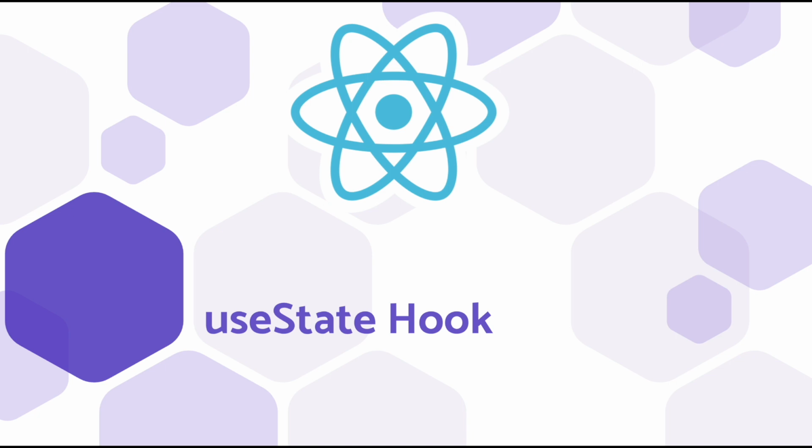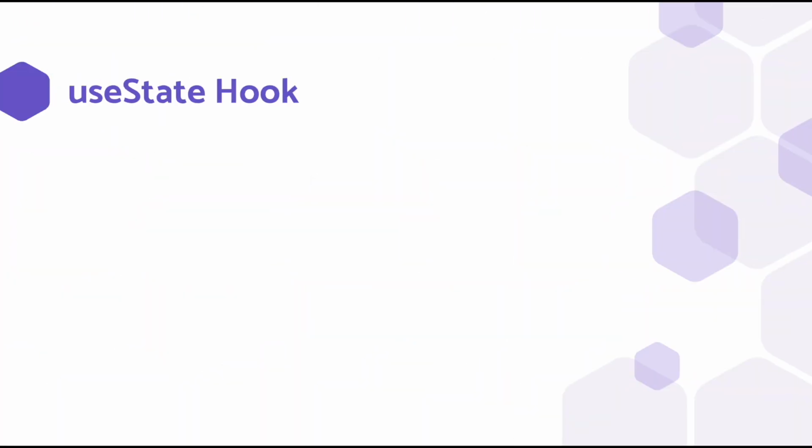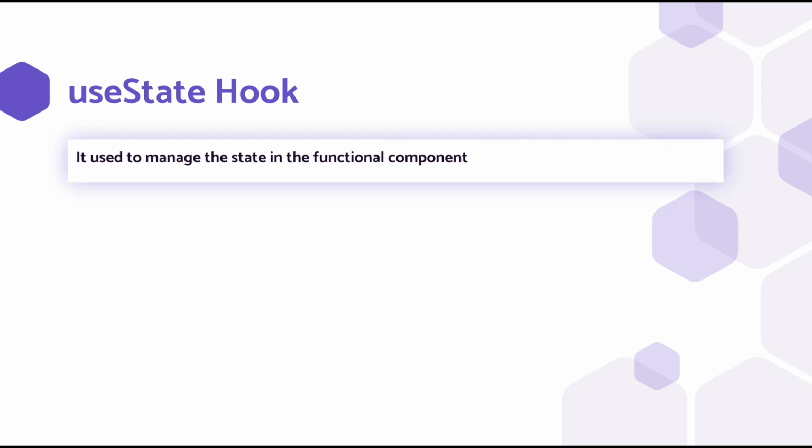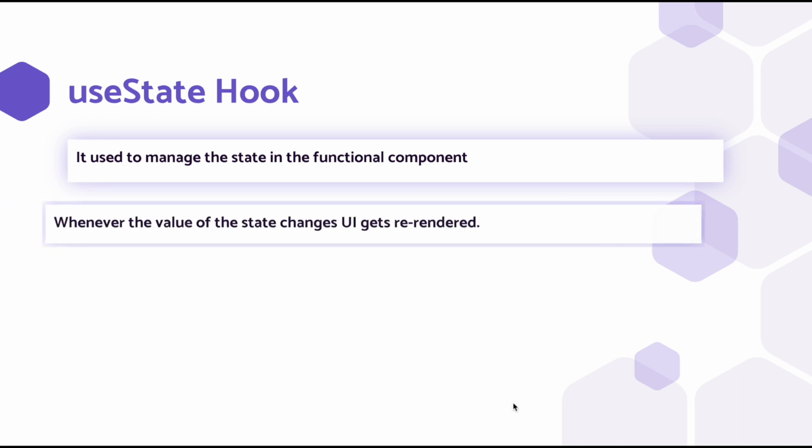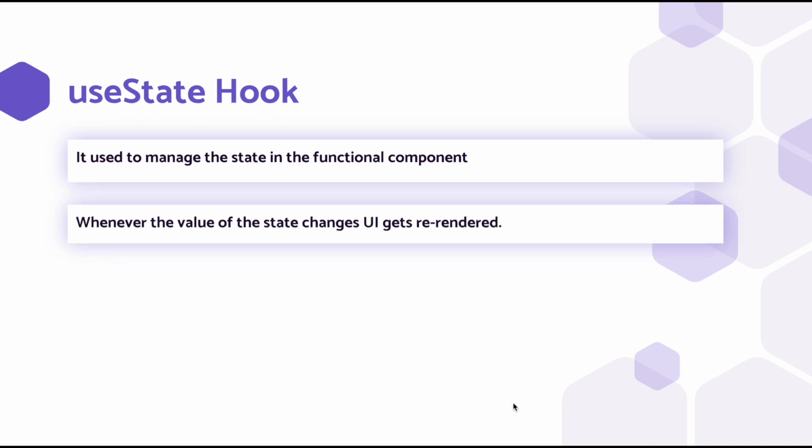Now let us learn about the useState hook. It is used to manage the state in a functional component. So whenever the value of the state changes, the UI gets re-rendered.